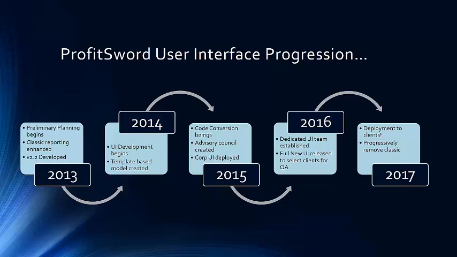What we discovered is that it was very difficult to give some of our older clients new functionality. And it was very difficult to maintain everybody with everybody being on such different levels of the system. So the new user interface will put everybody in the same place on the same system so that we're able to do enhancements across the board for everybody all at once, and we're able to do them a lot faster because everybody will be in the same place.